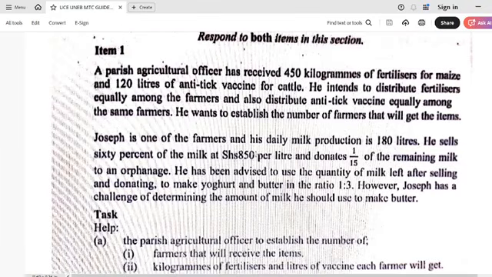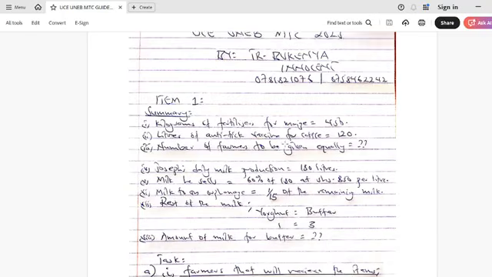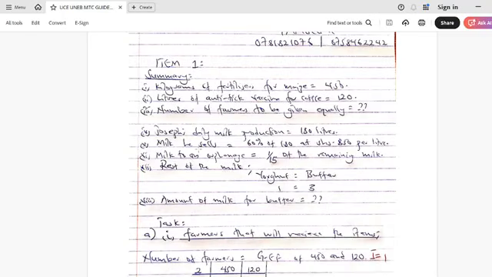Joseph is one of the farmers, and his daily milk production is 180. I've told you, whenever I find a numerical value, please go extra miles and summarize that. Write a summary. 180 liters of what? Of milk. So that one should also appear in your summary.